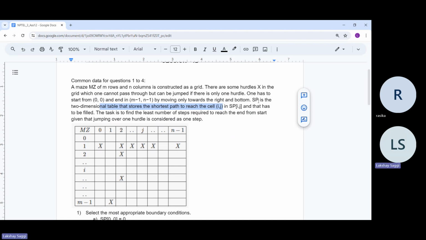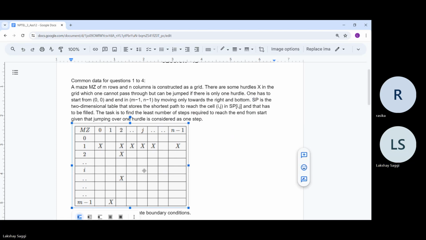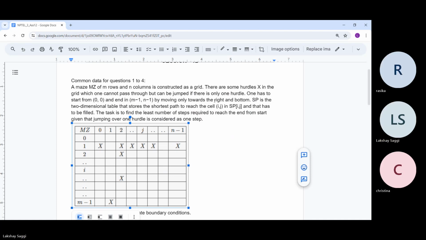So SP is effectively the table which we will be using for memoizing in a dynamic programming solution. It stores the shortest path to reach the cell i, comma j from 0, comma 0. Suppose we want to reach a cell i, comma j from 0, comma 0. So SP[i][j] will store the shortest path length for the same.